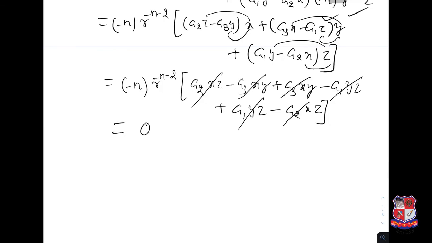So we proved that divergence of constant vector A cross R upon R power n is 0. This was asked for 7 marks.